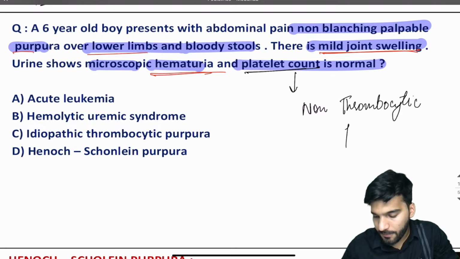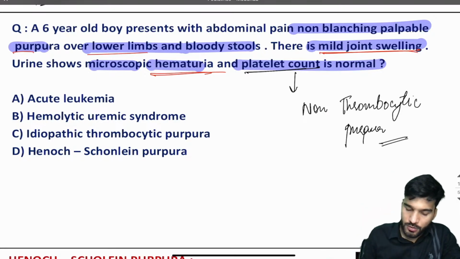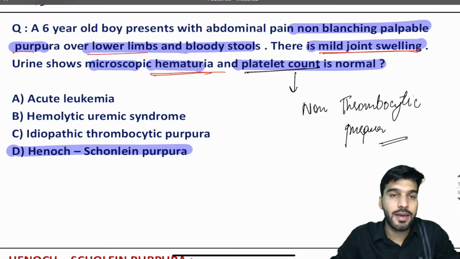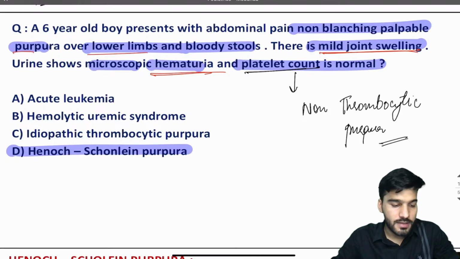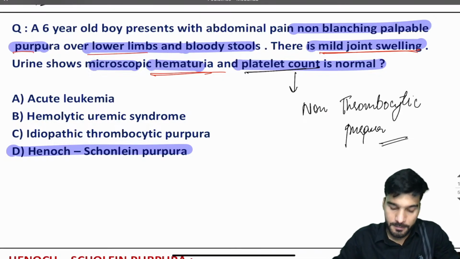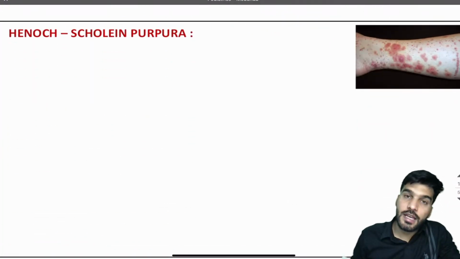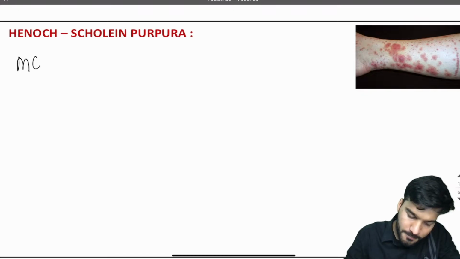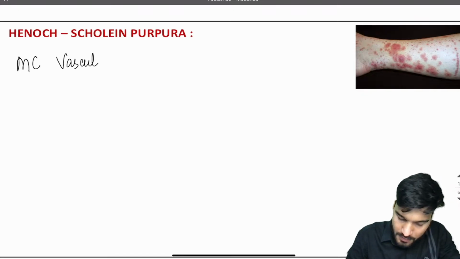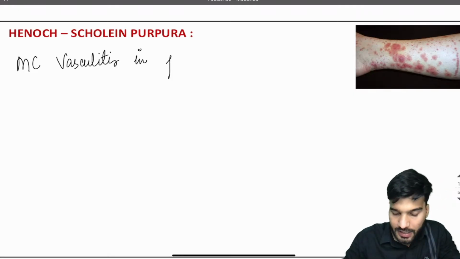It's a non-thrombocytic purpura. So which type of vasculitis? It's going to be Henoch-Schonlein purpura, HSP. Now let's discuss HSP. First of all, this HSP is the most common vasculitis in the pediatric age group.